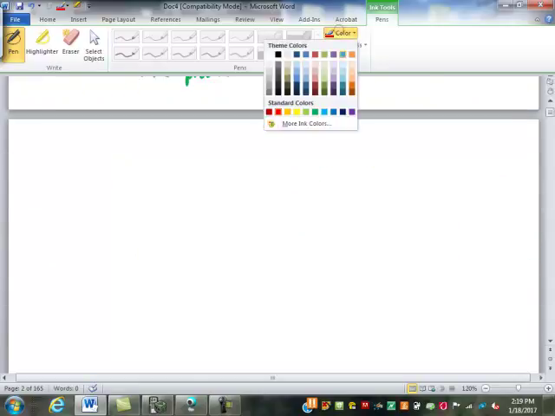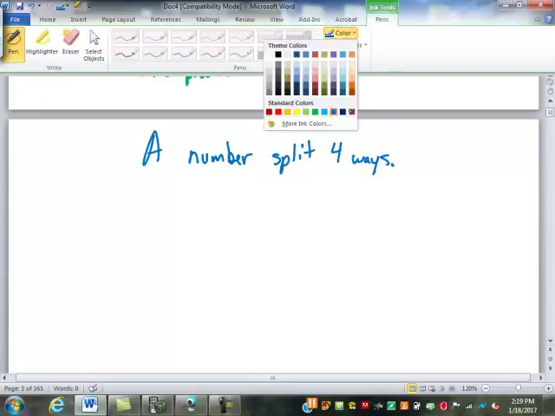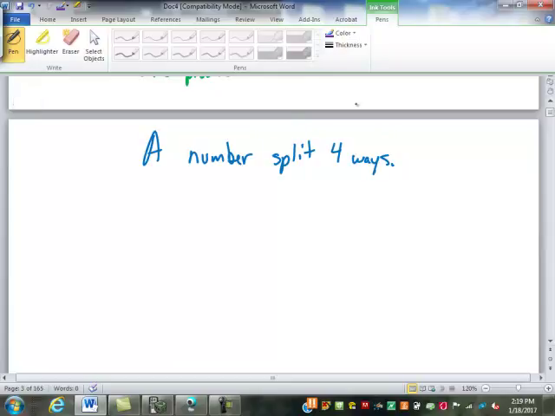So what if I give you the phrase, a number split 4 ways? What operation is that indicated? Division, good. The number split 4 ways is most likely x divided by 4, or we could write it in fraction form as x over 4.